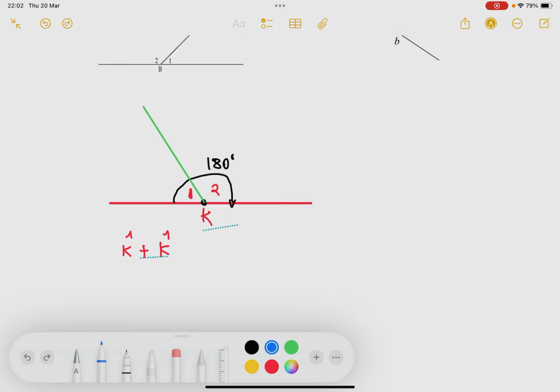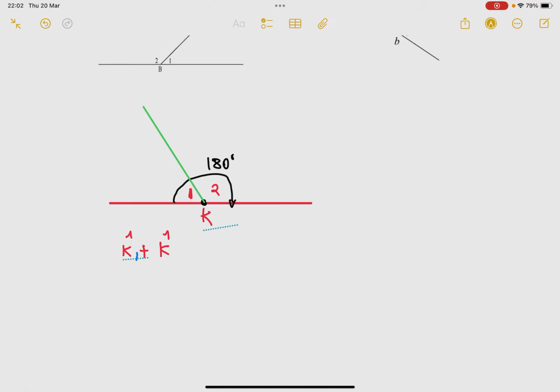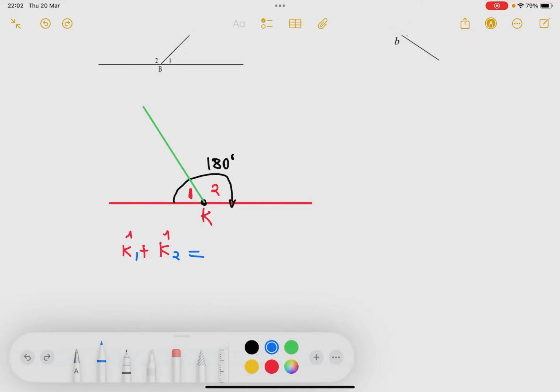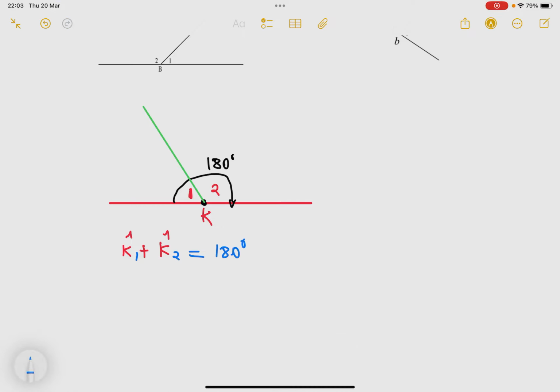So to add K1 and K2, we know that the sum, and sum means addition, of K1 and K2, we do not know what K1 is and we do not know what K2 is, but we know that if we add them, we are going to get 180 degrees, right?